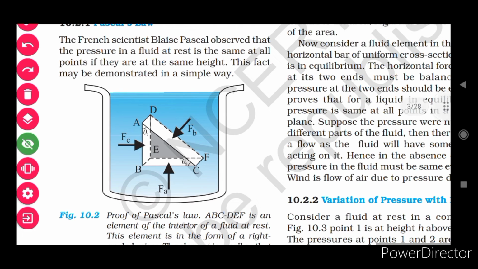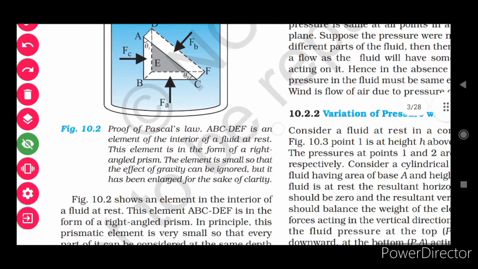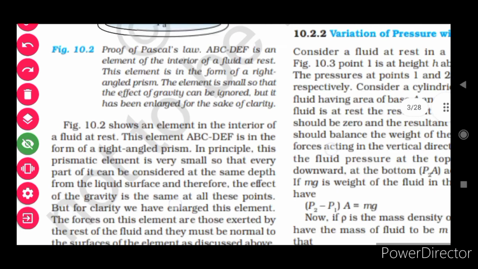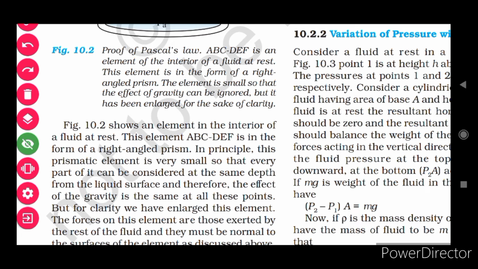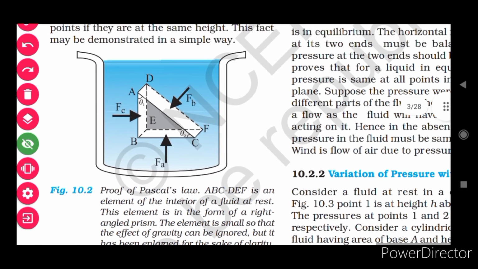We are now discussing this in a simple way. Figure 10.2 shows an element in the interior of a fluid at rest. We are considering an element of this fluid, the red one.